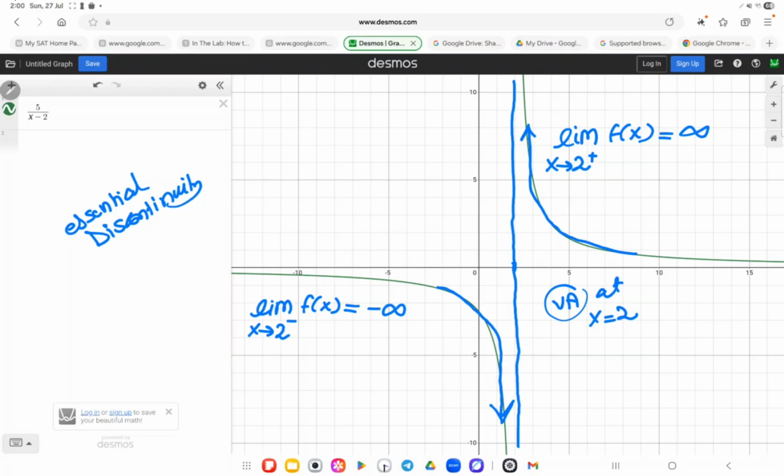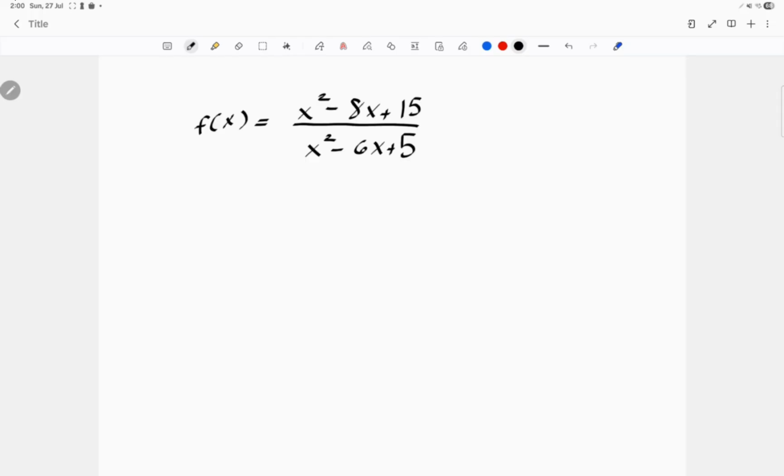Let's do another one. How about this one? The question comes in the exam and they ask you, at what point is the function not continuous? What do you tell them? How do you go about solving this question?